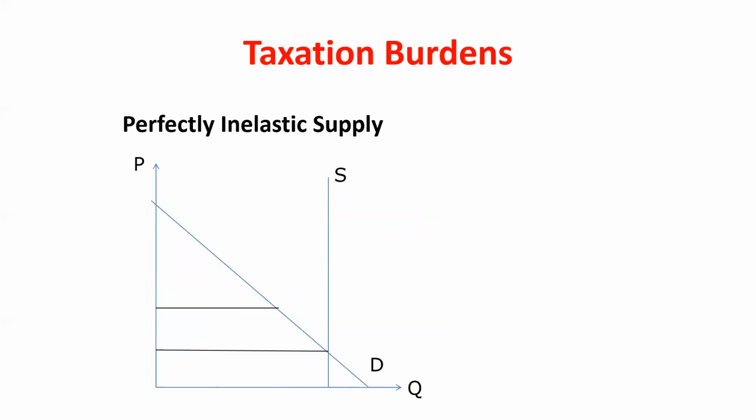Now, this one is a little bit weird. When we get perfectly inelastic supply, after I add this tax, I see this decrease in my supply curve, or this shift left. So we think about, before, where would producer and consumer surplus be?